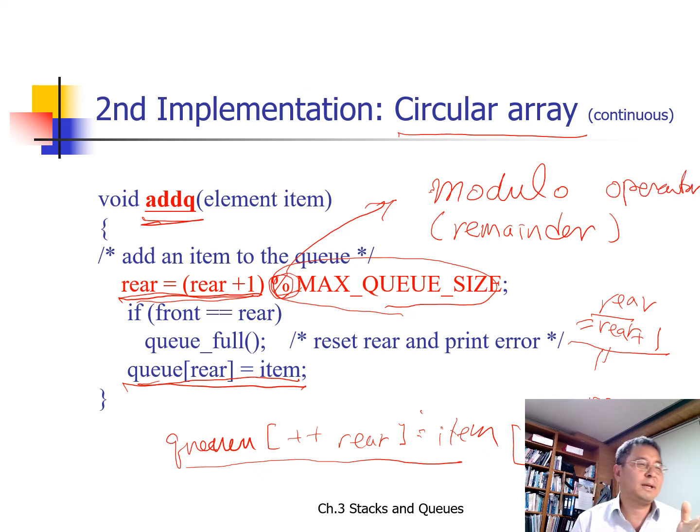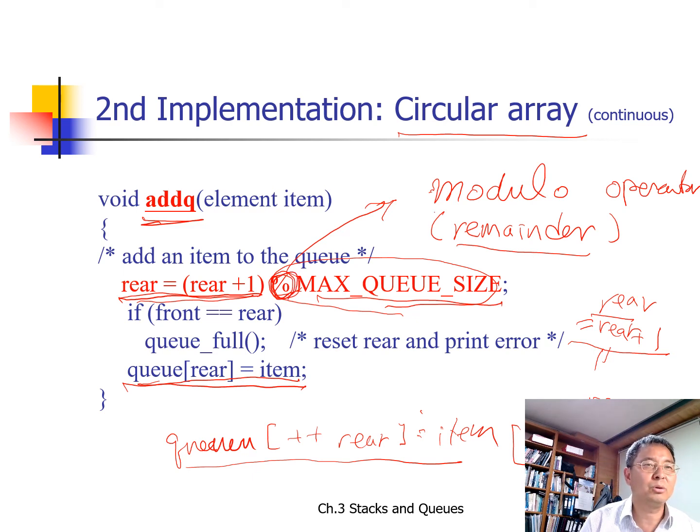If you divide rear + 1 by max queue size, it will return only the remainder of the division, which is the percent operator in C language.